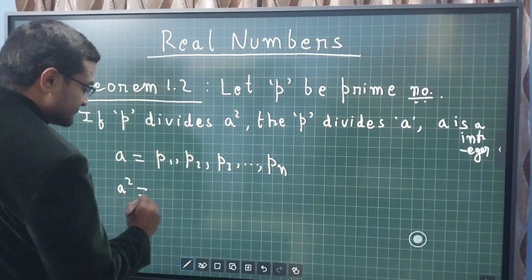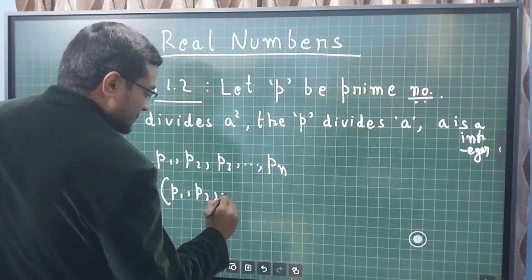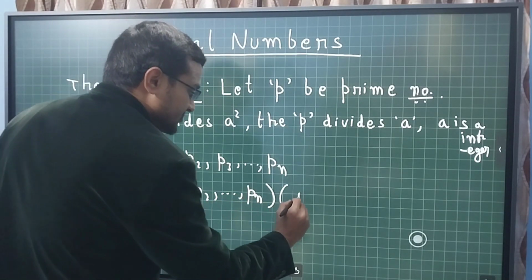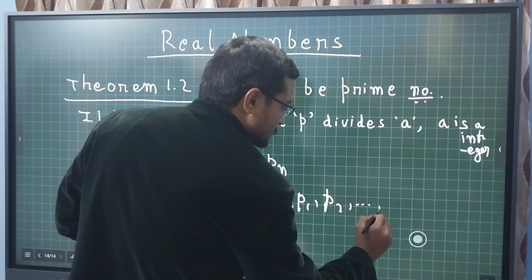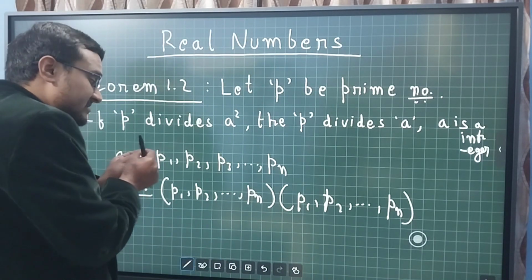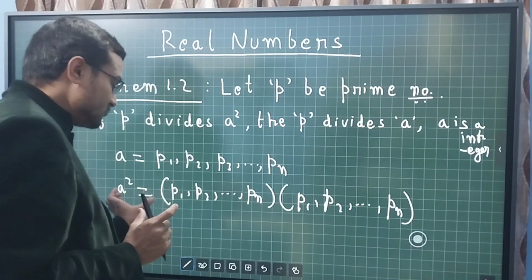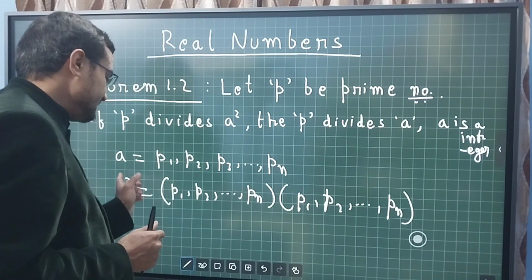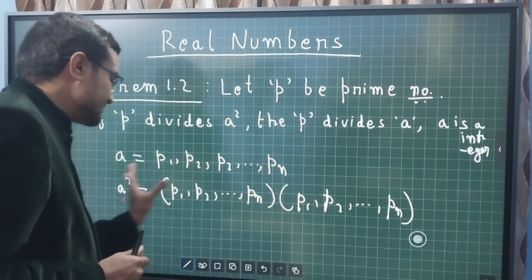A square will be simply P1, P2, up to Pn into P1, P2, up to Pn. So the square of those prime factors will give you A square. If you multiply all these prime factors, you'll get A, and if you multiply that twice, you'll get A square.